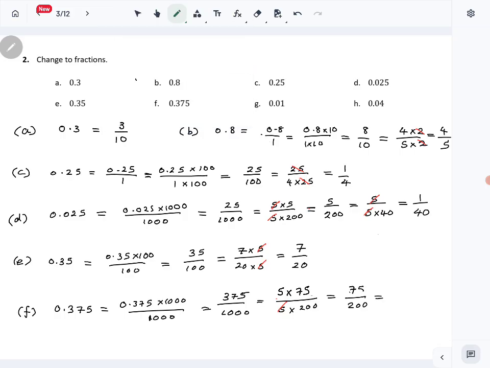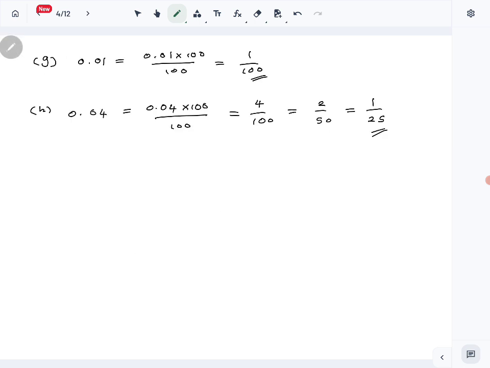So here then 75. Right. Then 5 into 15. 5 into 40. 5 is cancel. 15/40. Then 5 into 3. 8 into 5. 5's cancel. Yeah. 3/8. Like the calculator. Right. Okay. So know both methods. How to do it using hand and calculator.